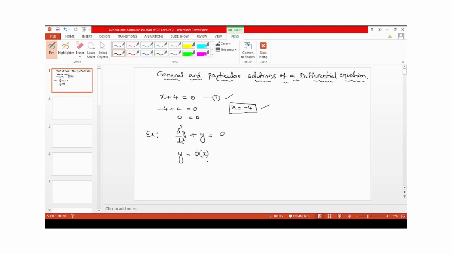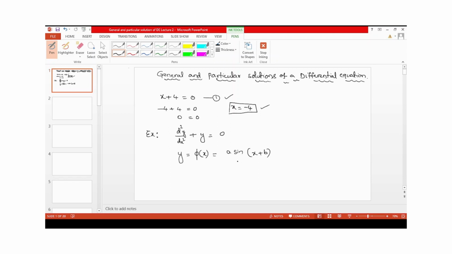But right now, I am considering phi of x as a sine of x plus b. Why it is coming, I'll explain in the next classes. Right now I am considering y equal to phi of x is a sine of x plus b. This is going to be a solution curve for this one.